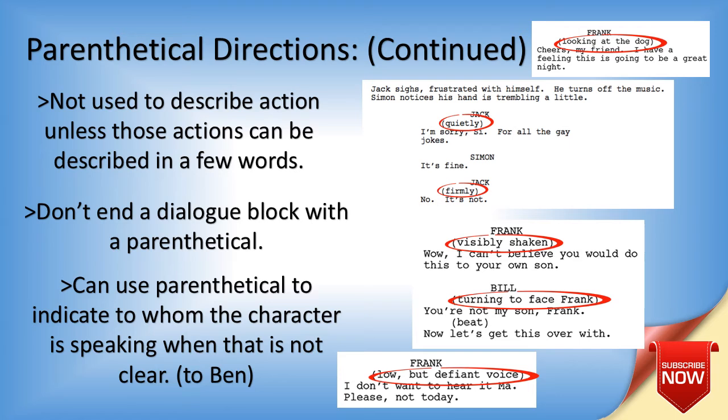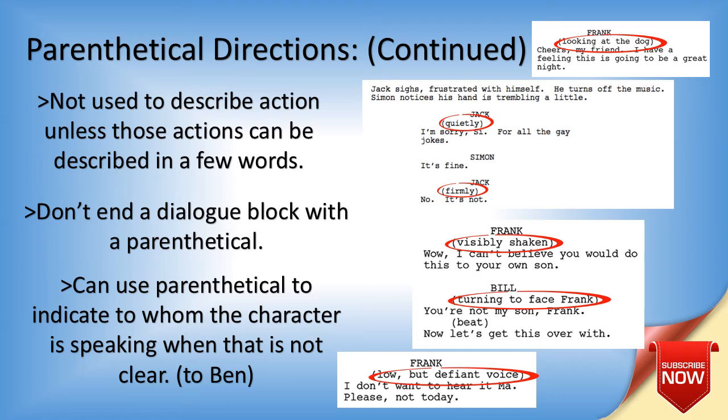Otherwise, if you can say it in one word, two words, or a small teeny tiny phrase, then fine, put it in parentheticals. But if you can't, start a whole new line with narrative description and just describe what is going on in the scene, then come back to the dialogue.